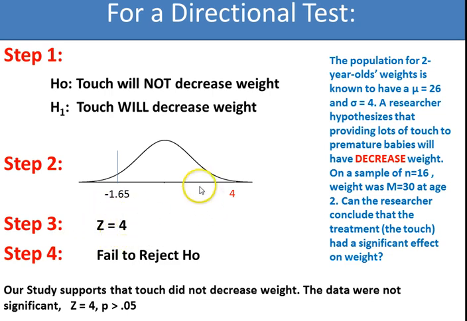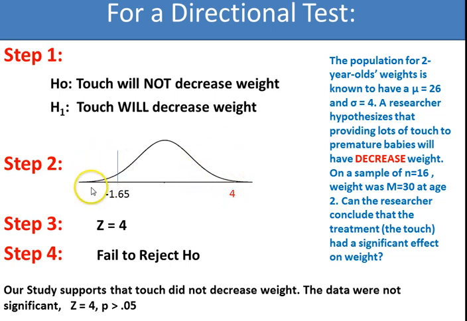but notice now that the 4 is an extreme value, but it's in this right-hand side of the distribution, and we are not looking for an effect here. We're looking only for an effect on this side. So in this case, despite the 4 being way out here in this tail, it doesn't matter because we did not set any critical region in this tail.